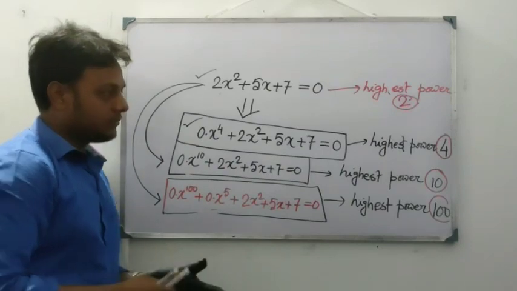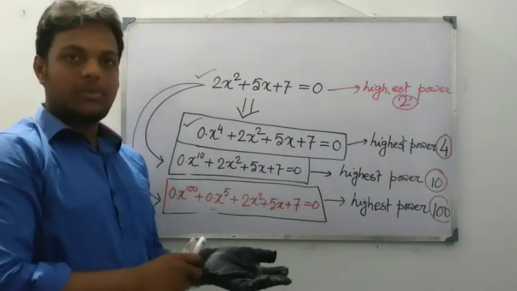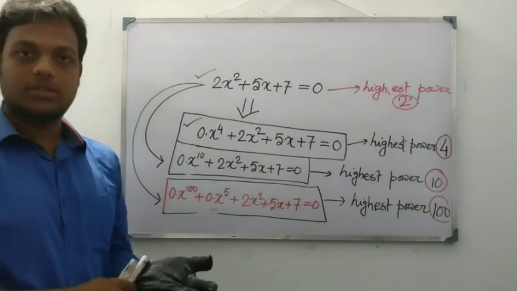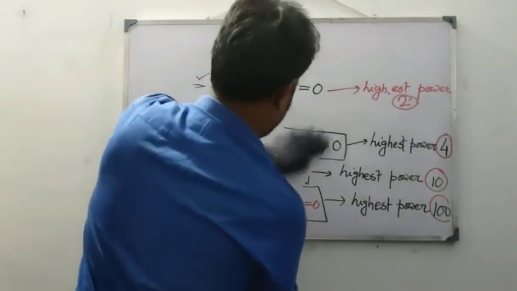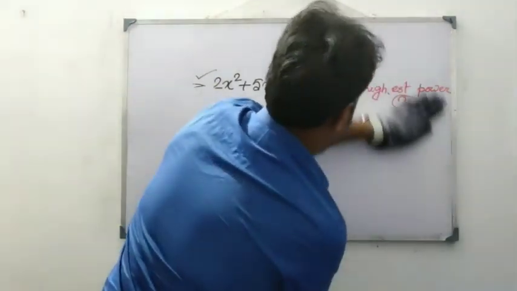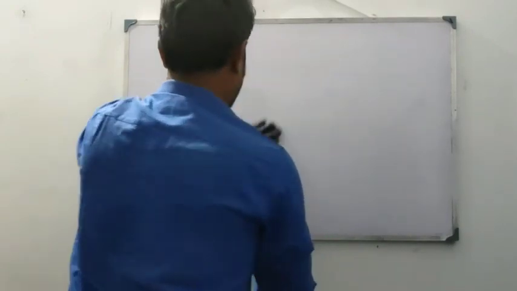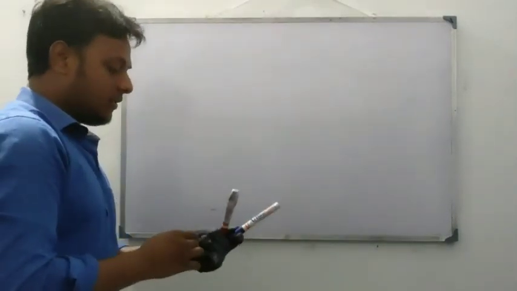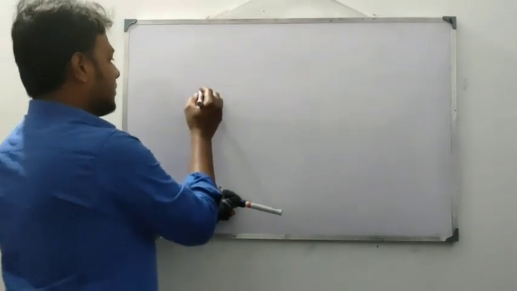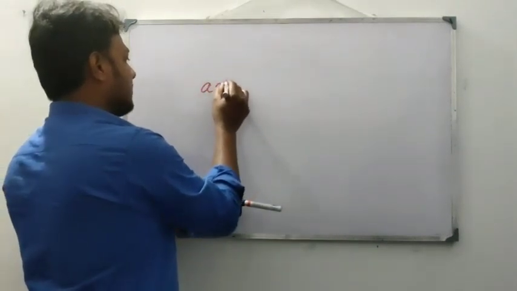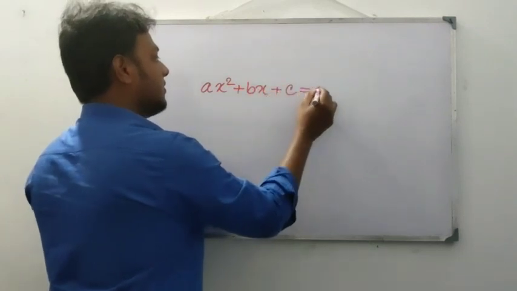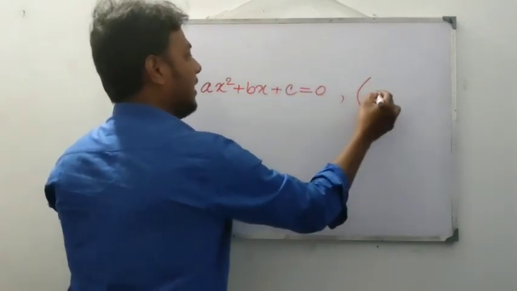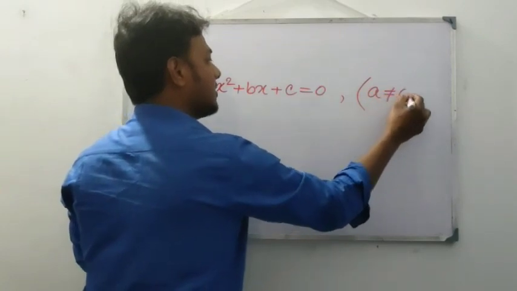But we have not considered, and we will not consider, all these things. Hope you understand why we have considered a not equal to 0. Otherwise, if a equals 0, then the first term vanishes and the equation is converted to a linear equation. This is one more explanation. Ultimately, we get the general form of the quadratic equation, or normal form, ax square plus bx plus c equals to 0, where a not equal to 0 is very important.